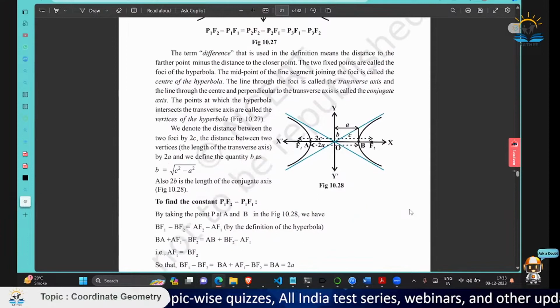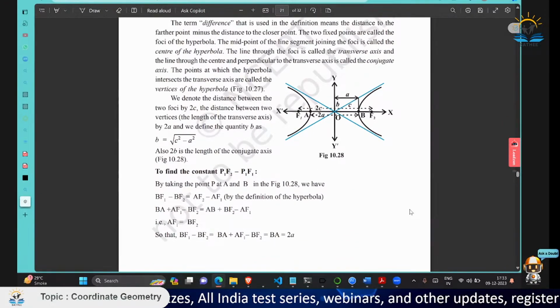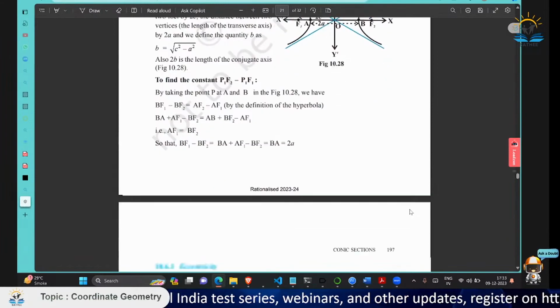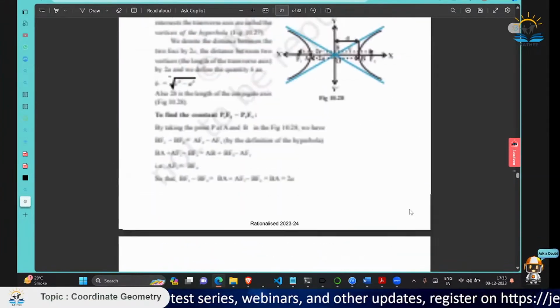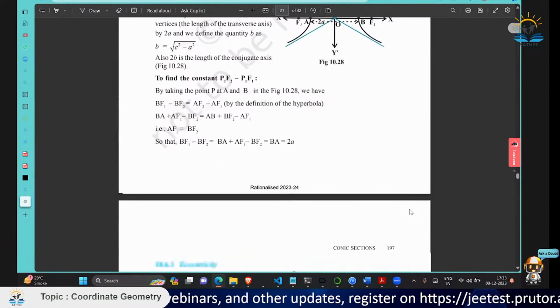While finding the general equation, we just change the sum to the difference, and we get the standard equation as x square upon a square minus y square upon b square equal to 1.